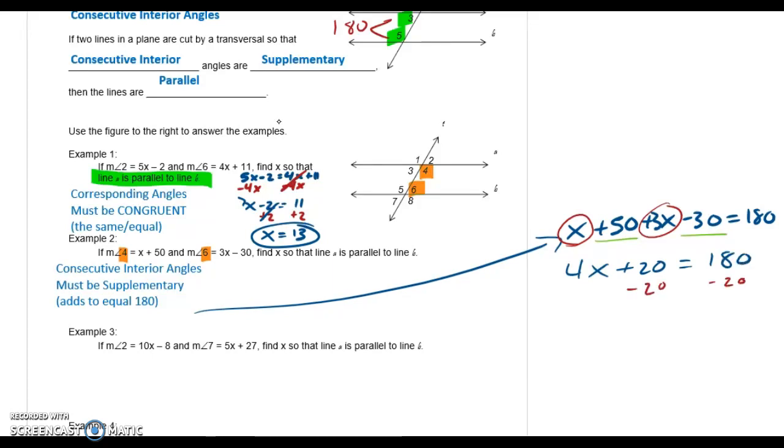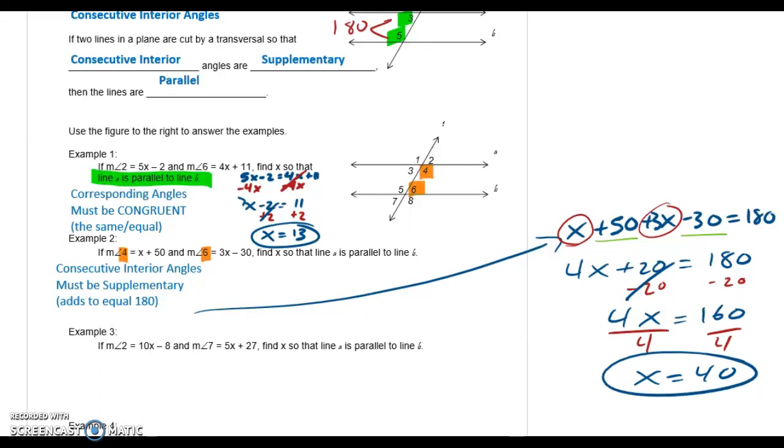Subtract the 20. 4x equals 160. Divide by 4. x equals 40. So x must equal 40 in order for the lines to be parallel, as the question is stating. Please make sure you pause the video and copy it down so we can move on to example 3.